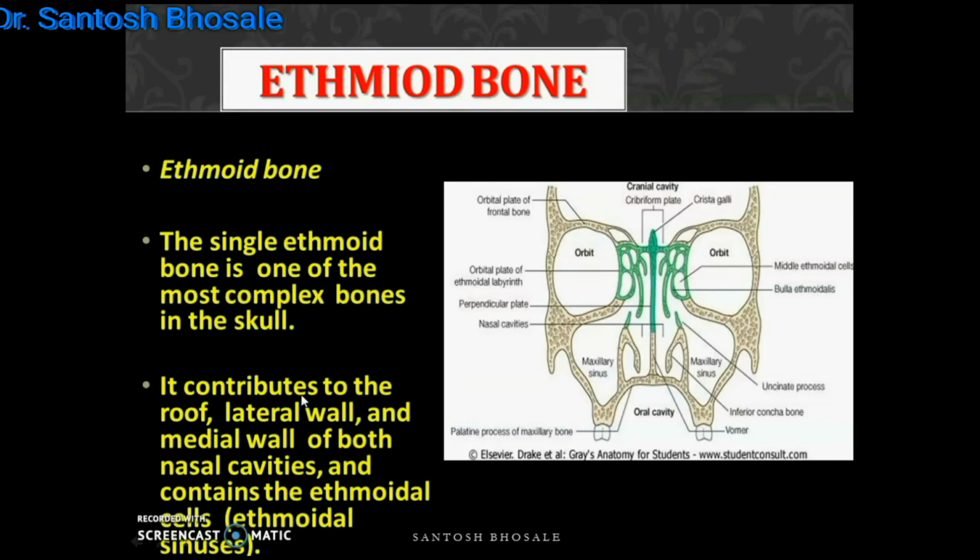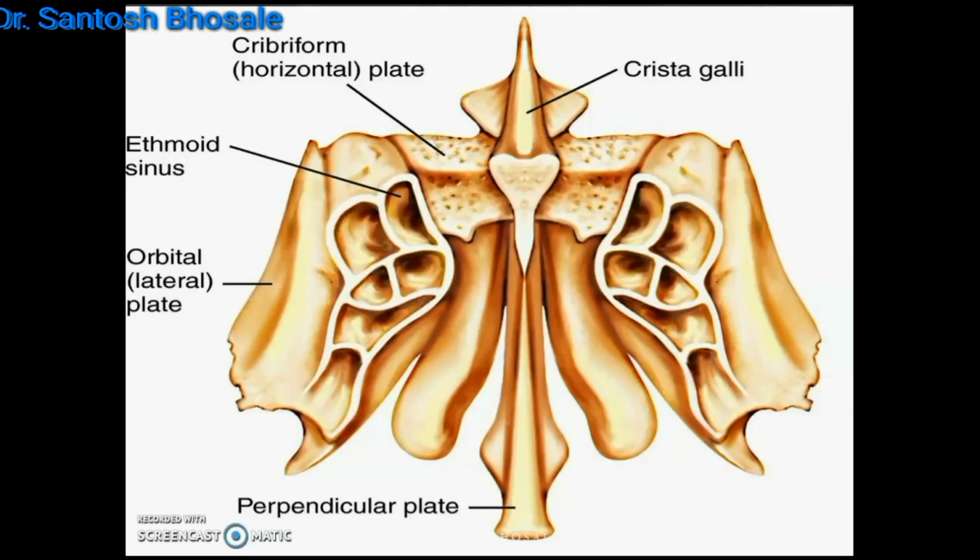And as you see here, this ethmoid bone is the most complex bone of the skull, and it forms the medial wall, that is the nasal septum, and the roof and lateral wall of the nasal cavity. So it forms 3 walls: medial wall, lateral wall, and roof of the nasal cavity. And in the midline it has a perpendicular plate.